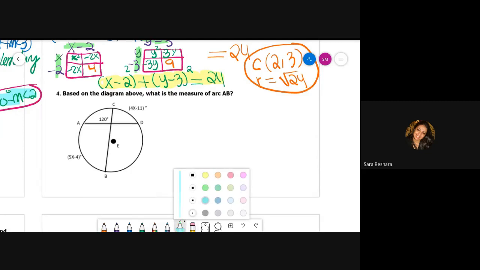All right, next question is, based on the diagram below, what is the measure of arc AB? So I'm looking at this arc right there.